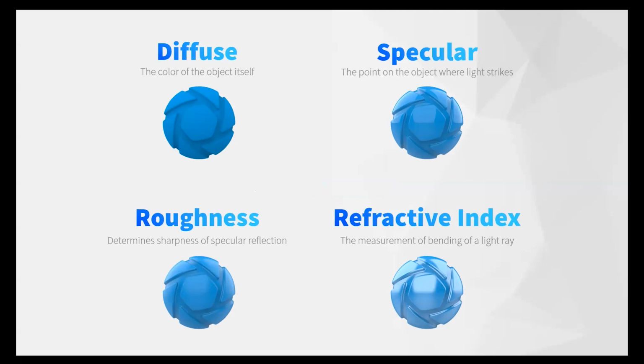Specular is the point on the object where light strikes it. Roughness determines the sharpness of that specular reflection. You'll start to see a little bit more breakup of that color here. And refractive index, the measurement of bending of a light ray. And definitely go online, check out, if you can, more of the science behind a lot of these.